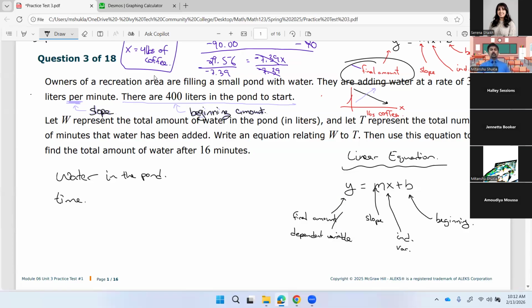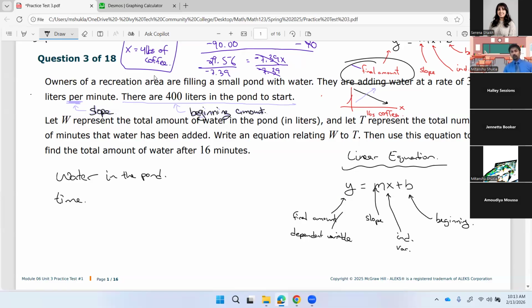Okay, so I should ask myself, which one is dependent on the other one? Does water depend on time, or does time depend on water? Let's think about that. Water is dependent on the time. Time doesn't care what it is that you're doing. Time doesn't care if you fill up your pond or don't fill up your pond.